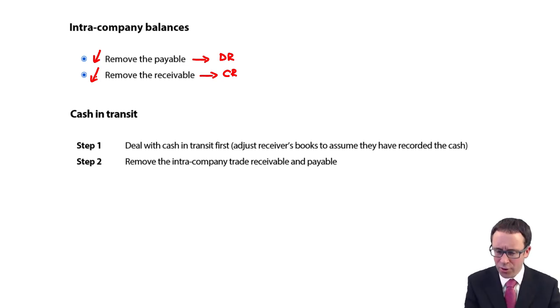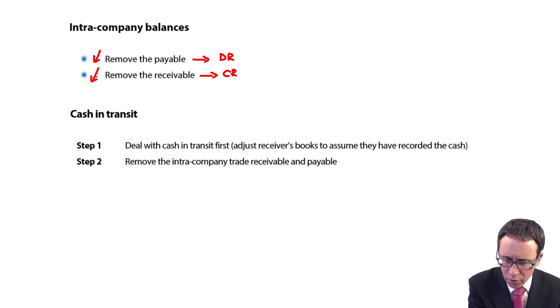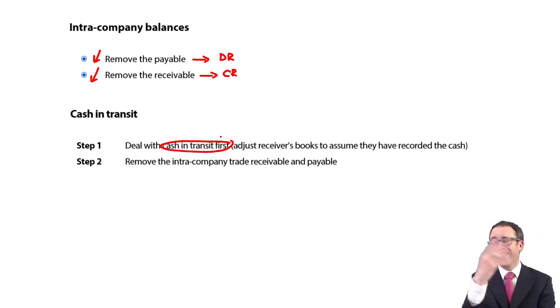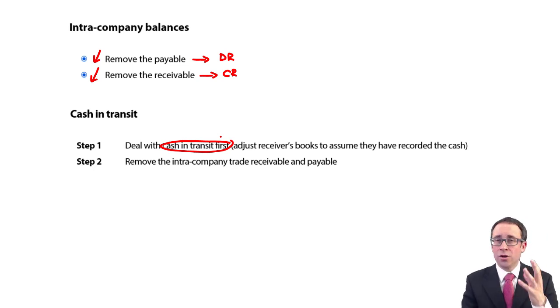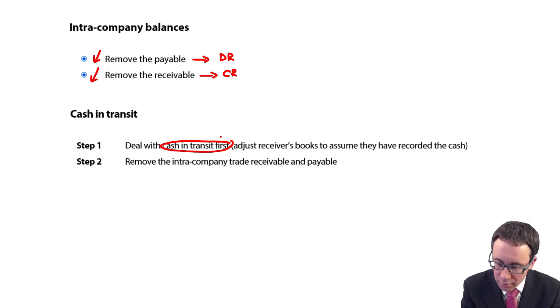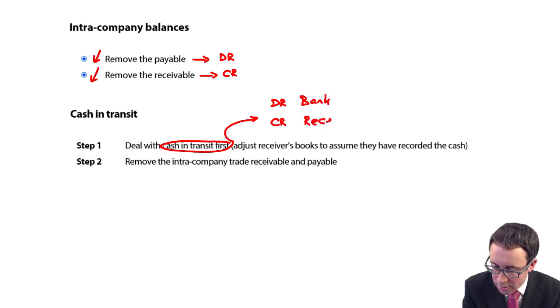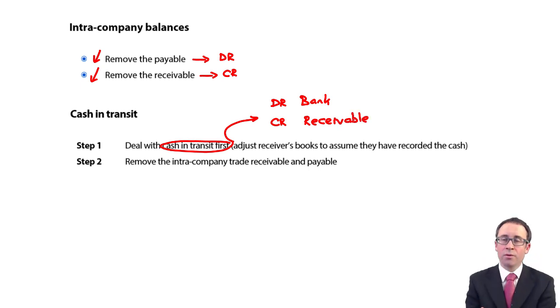So what we have to go through and do there is, first of all, we will record the cash in transit. And that just sounds fancy, doesn't it? Cash in transit. It's just a normal cash receipt from a credit sale. So what I would do there is that I would debit the bank and credit the receivable.